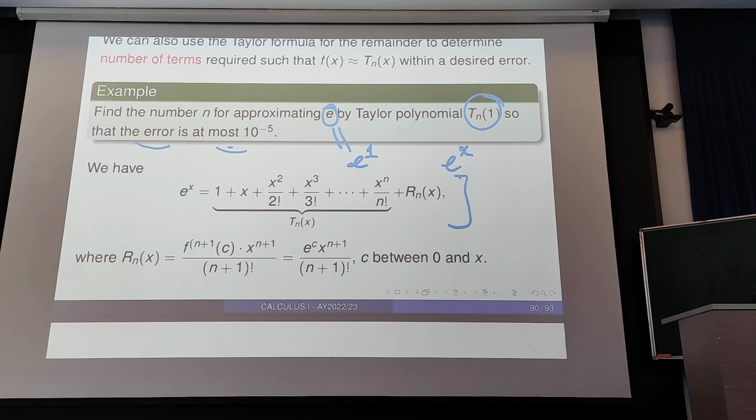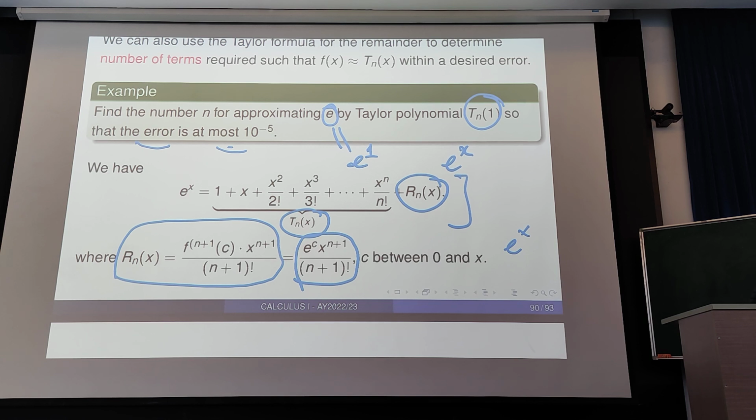This is nothing but the representation of the exponential function in terms of the Taylor polynomial and the nth order remainder term, right? So here is the general formula for the Taylor remainder term. For the given function e power x, you can rewrite it in this form.